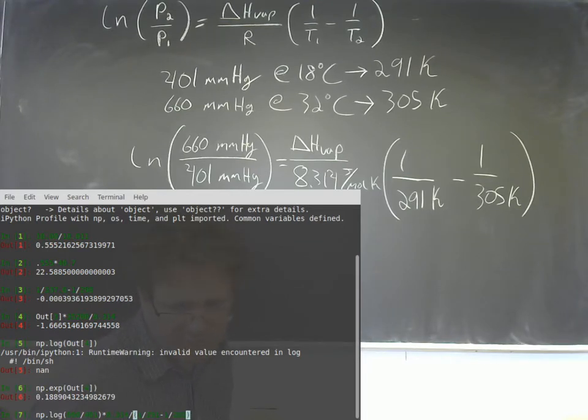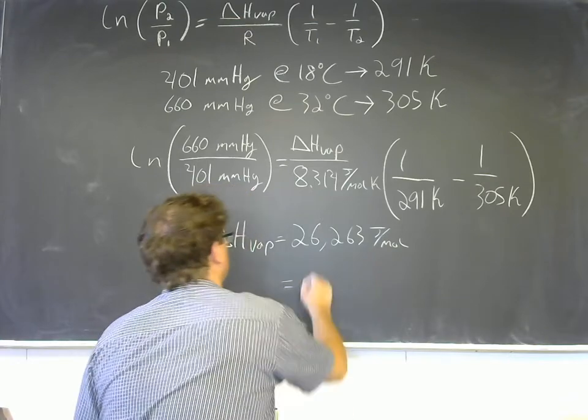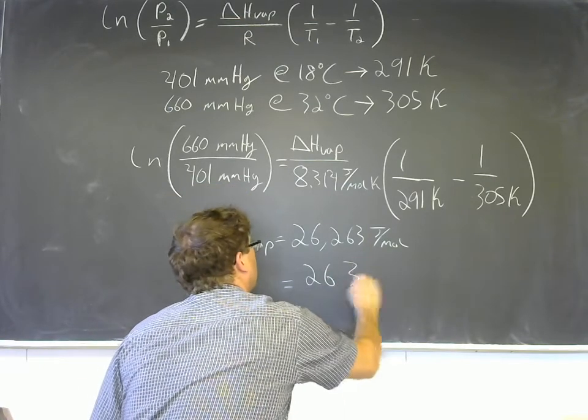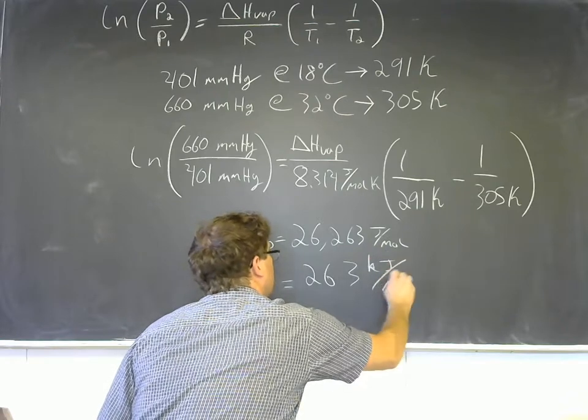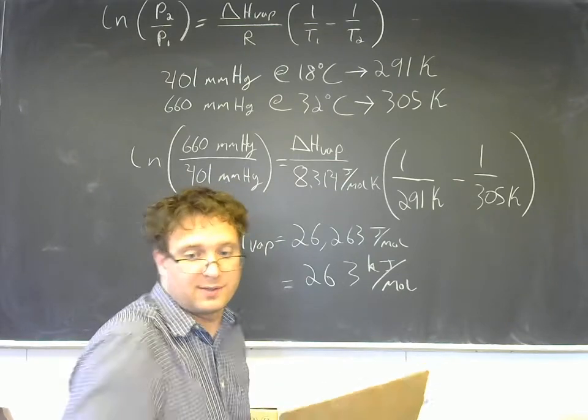I believe I've put that all in properly, and I get a delta H vaporization equal to 26,263 joules per mole. And we can go ahead and convert that to kilojoules just by dividing by 1,000. So that'll be 26.3 kilojoules per mole when we consider we only get 3 sig figs.